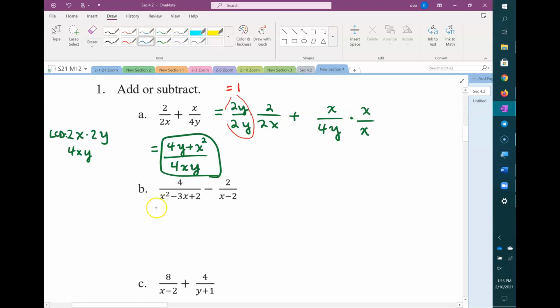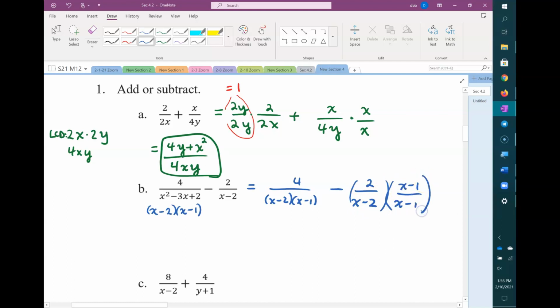Okay, so let's look at the next one. Let's factor this denominator. I'll have x minus 2, x minus 1. So this is a case like the 6 and the 3, where the x minus 2 divides evenly into the other denominator. For the first fraction, I don't need anything in order to have the common denominator. But the second fraction, I'm going to need x minus 1 over x minus 1.